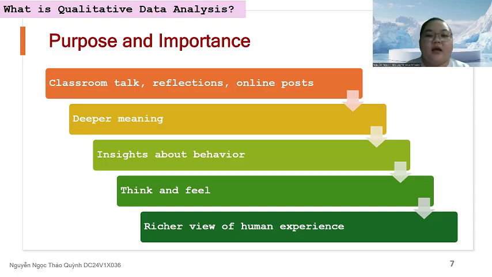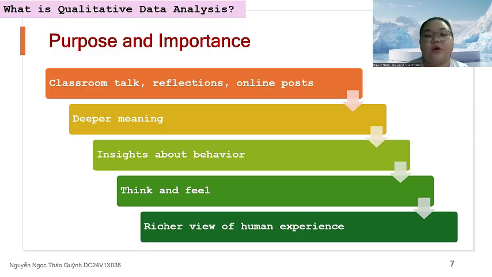The main goal is not simply to measure frequency, but to interpret and explain what those words tell us about human communication and experience. In short, qualitative data analysis allows us to discover the deeper messages behind people, language, and behavior.